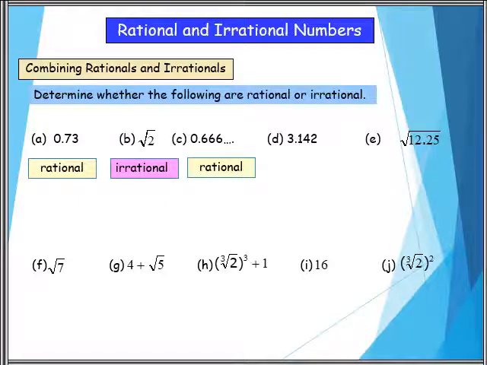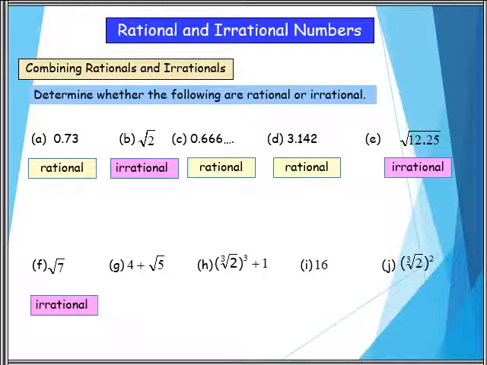Letter D, 3.142. Rational. Letter E, root 12.25. Irrational. F, root 7. Irrational. Letter G, 4 plus root 5. Irrational.